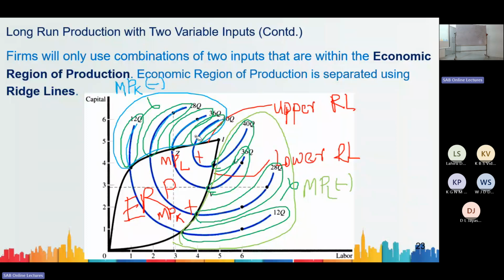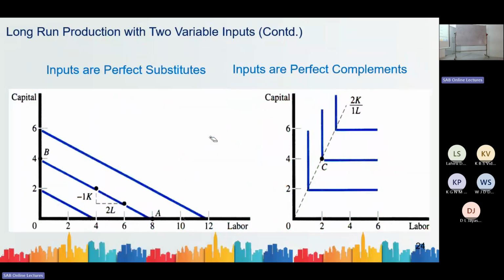You should know why positively sloped portions are not relevant for a rational producer, and why portions within the economic region of production are relevant. Also, you should know how to derive the upper ridge line and the lower ridge line. Then you should know different shapes of isoquant curves.